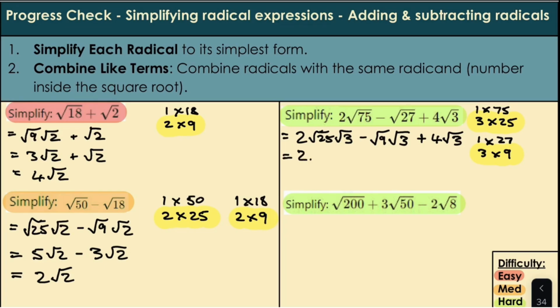2 times 5, square root of 25 is 5, root 3, minus square root of 9 is 3, root 3, plus 4 groups of root 3. That 2 multiplied by 5 is 10 groups of root 3.